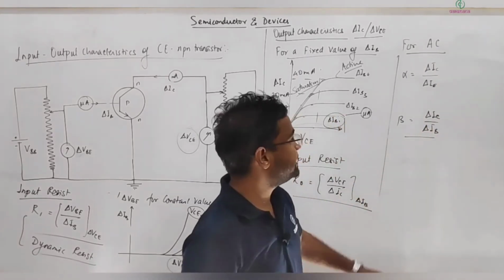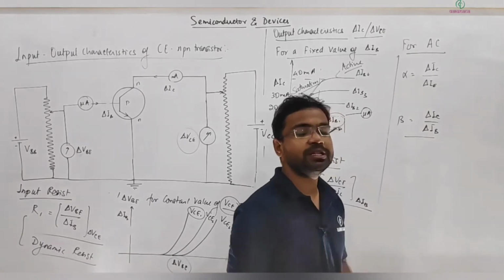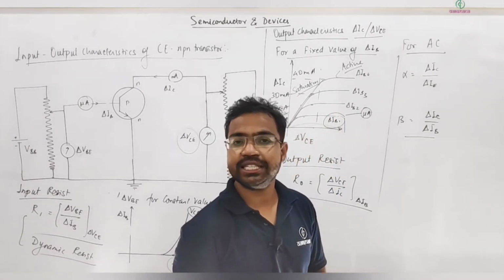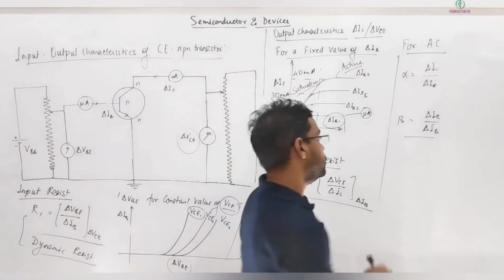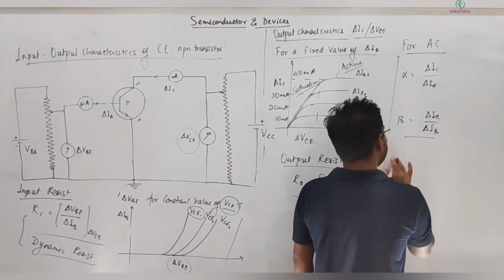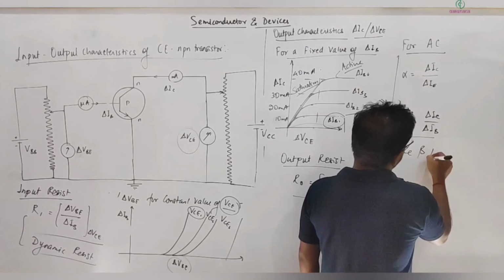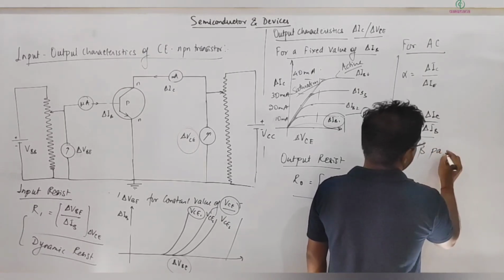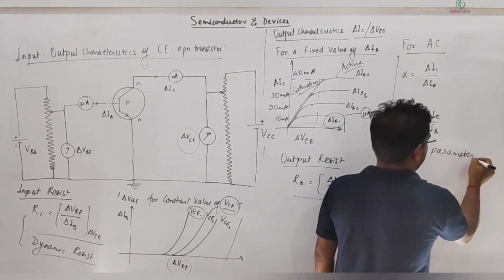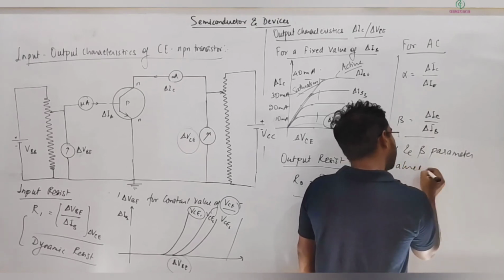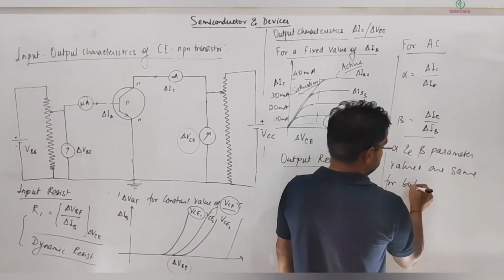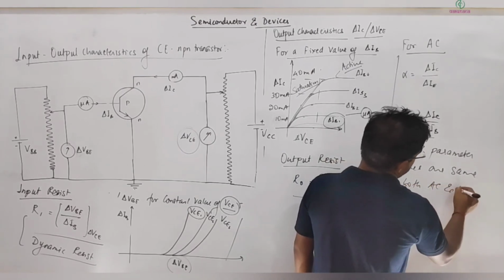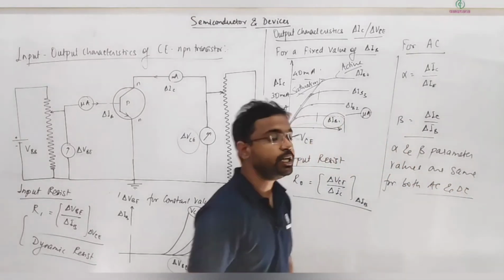Actually, the values of these two parameters for AC and DC are almost the same, so we take them as equal. Alpha and beta values are the same for both AC and DC.